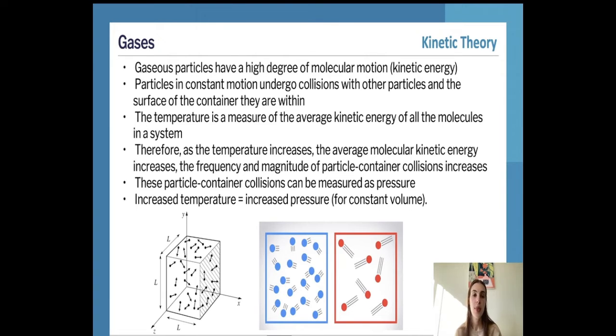Due to this, as our temperature increases, the average molecular kinetic energy is going to increase. This is because the frequency and the magnitude of the particle to container, or particle to surrounding objects, collisions is going to increase.